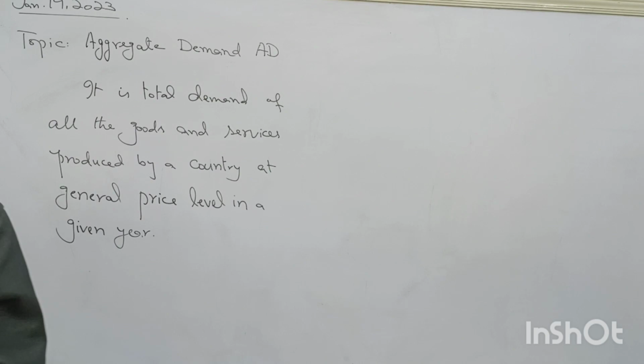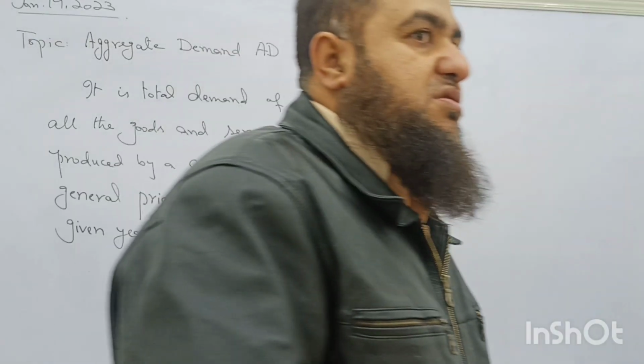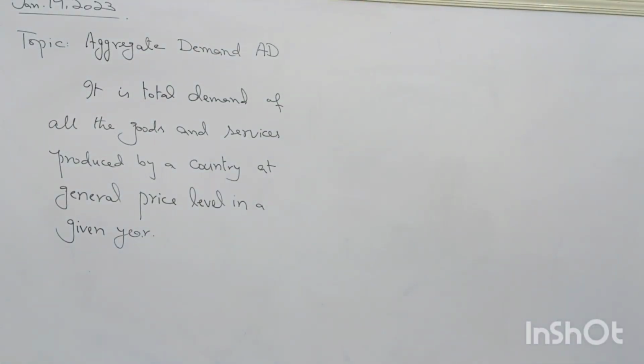We are not talking about the demand for imported goods in our country, rather these are the domestically produced goods and services, whether they are demanded by the domestic people or by the foreigners. Like Pakistanis demanding our goods, that is included in aggregate demand, plus the demand for our goods by the foreigners in the form of our exports, that's also part of our aggregate demand.